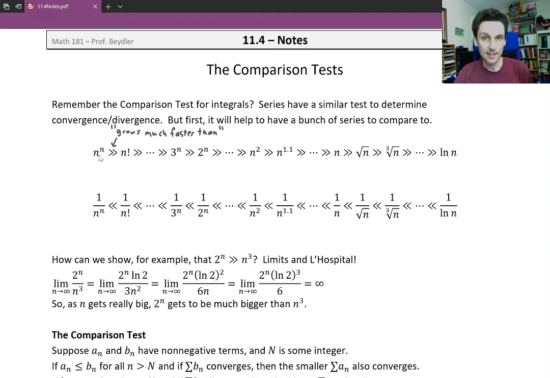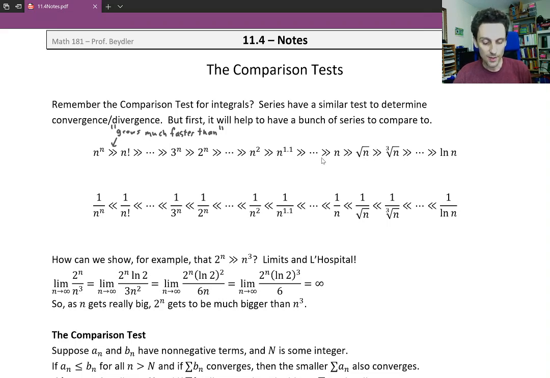So n to the n is growing the fastest out of all of these, followed by n factorial, followed by the exponential functions, like 3 to the n, 2 to the n, exponential functions that have a base that's bigger than 1, followed by the n to the power of kind of functions like polynomials, so n raised to some number power, so n squared, even n to the 1.1. Here's n to the first, here's the square root of n, the cube root of n.